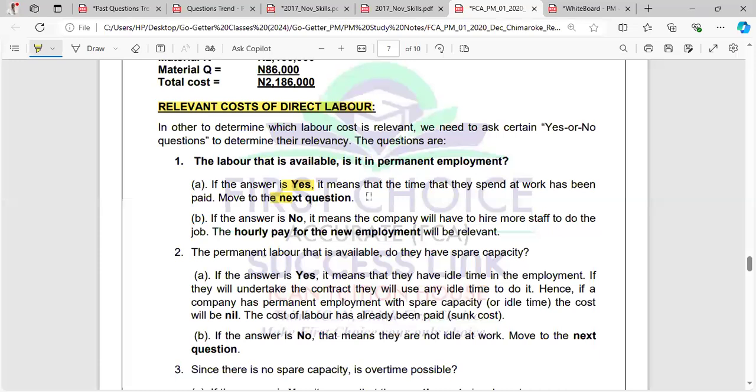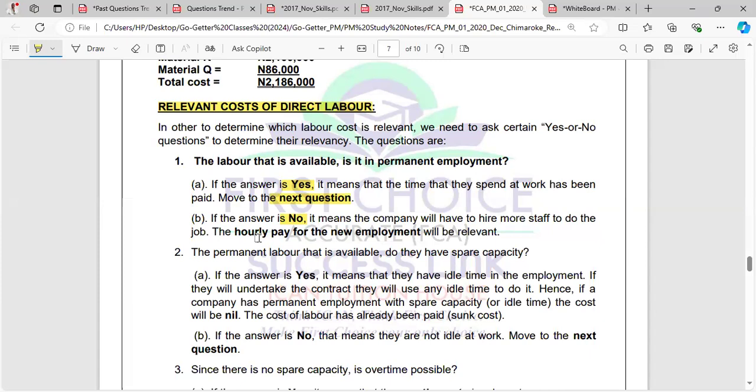But if the labor available is not in permanent employment, that means you will need to go and source, you will need to pay them hourly for the job. So if you don't have any permanent employment, it means you have to hire people to do the job, because you might have fired them off, or there is no employee already.